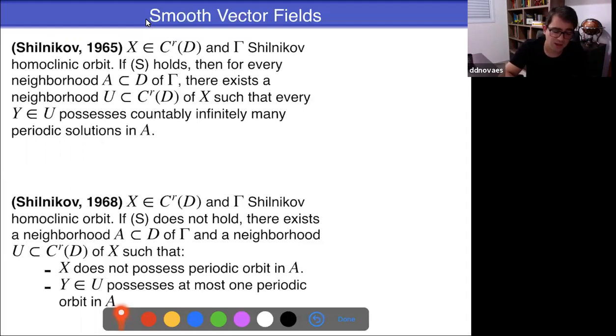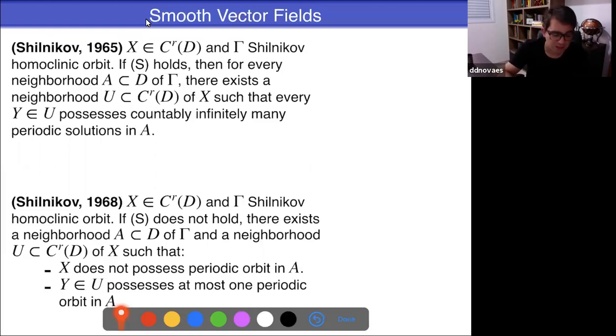Otherwise, if the Shilnikov condition does not hold, you can find a neighborhood of the Shilnikov connection which isolates it from the periodic orbits. That means that inside the neighborhood, one cannot find periodic solutions.